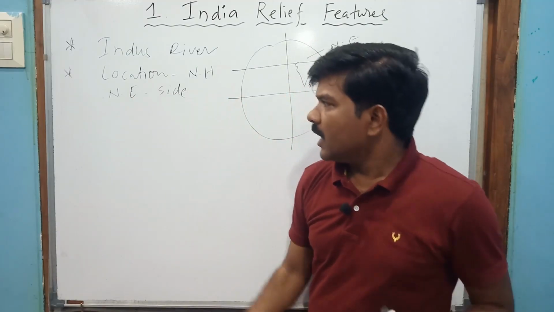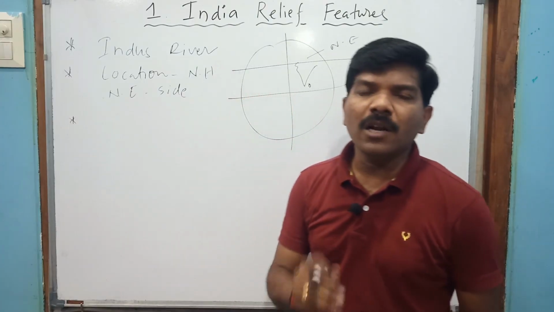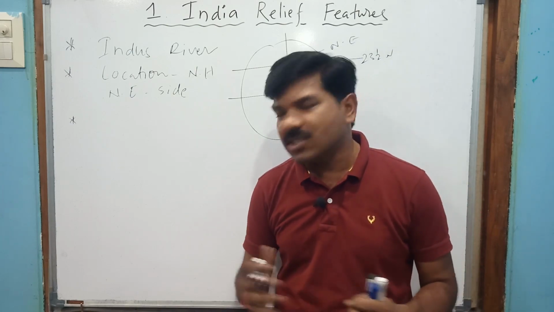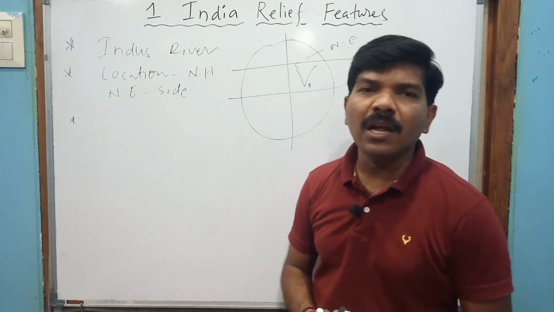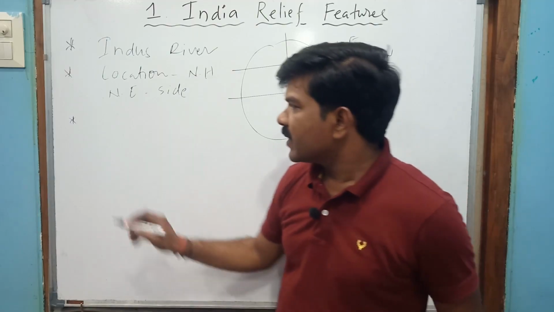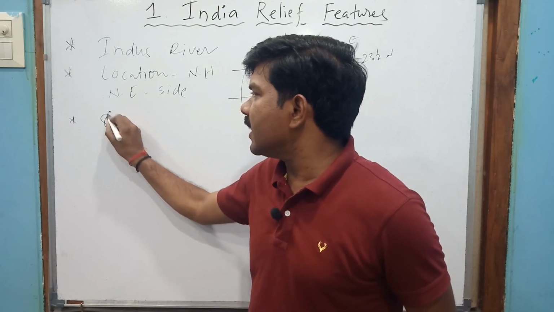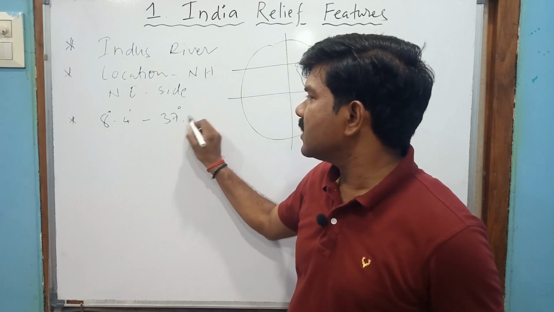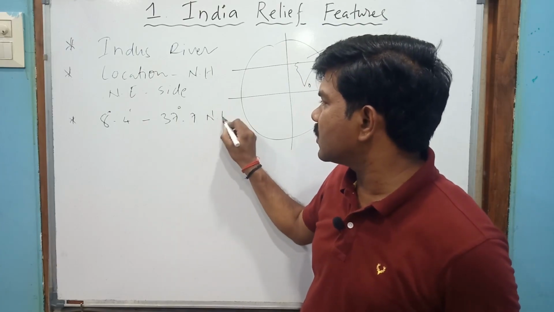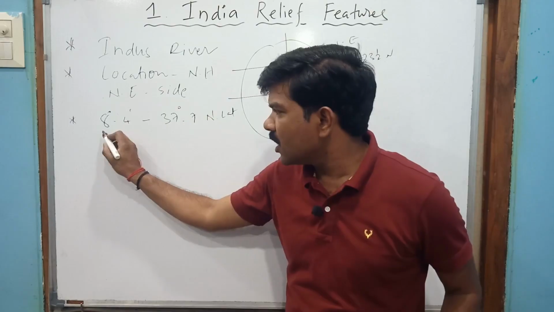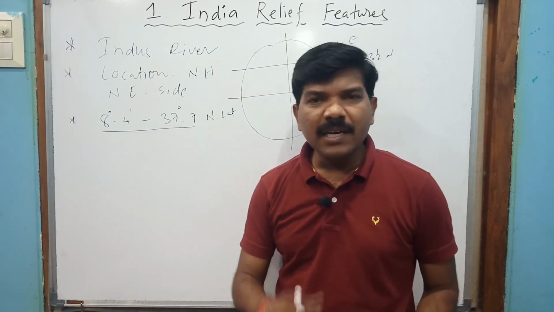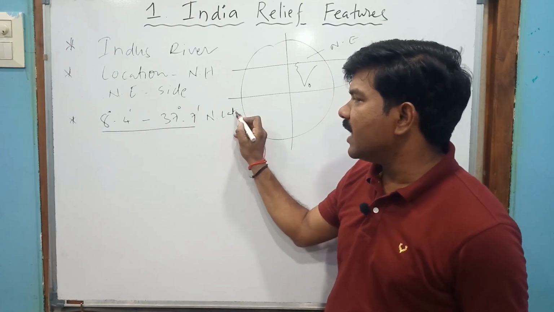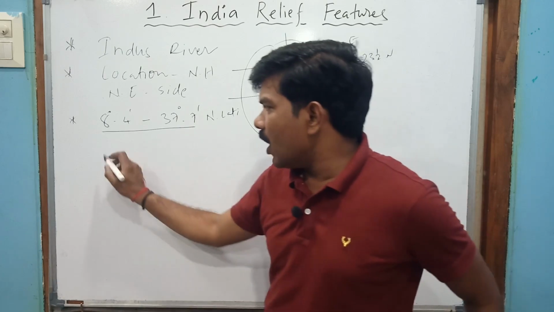Now let's see India's latitudinal and longitudinal extent. India is located between 8 degrees 4 minutes and 37 degrees 7 minutes northern latitudes. That is India's latitudinal extent.